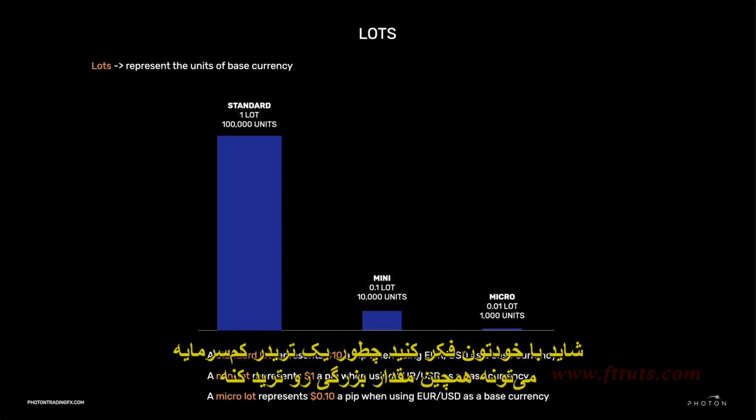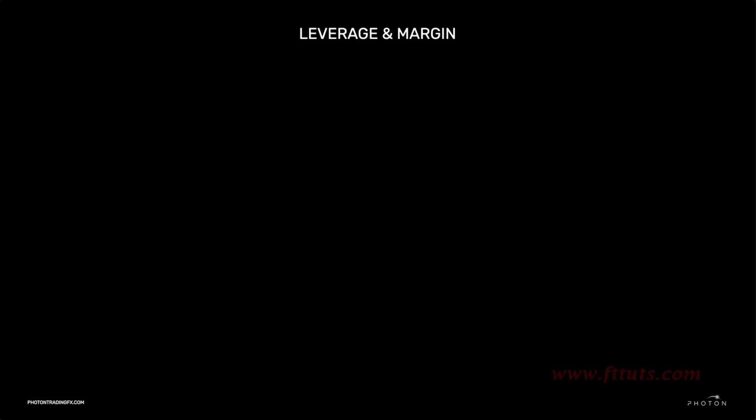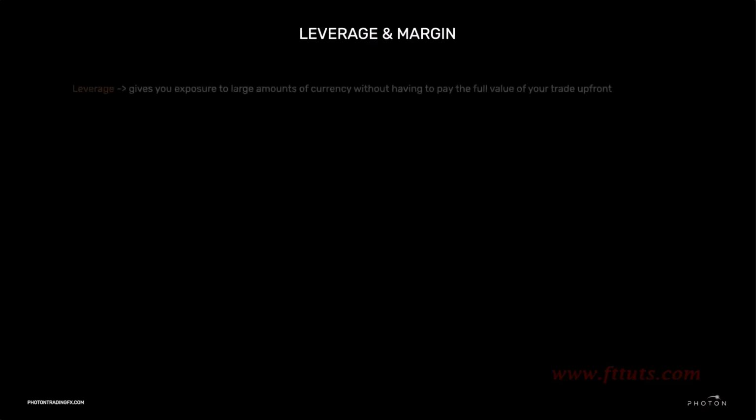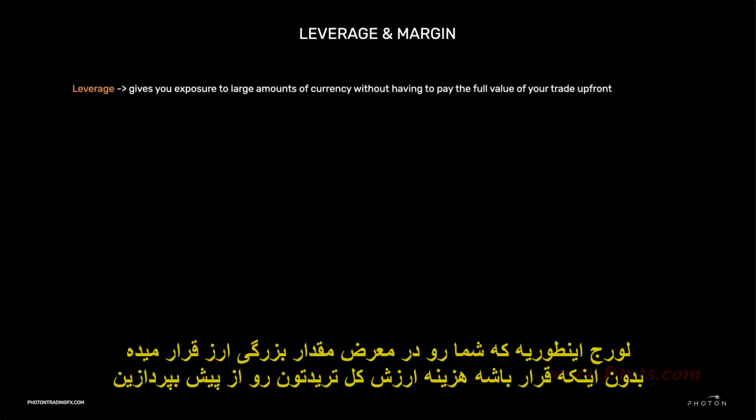But some of you are probably wondering how on earth a small trader like yourself can possibly trade such large amounts of money. Well, let me introduce you to the wonderful and powerful world of leverage and margin trading. Leverage is the means of gaining exposure to large amounts of currency without having to pay the full value of your trade up front.